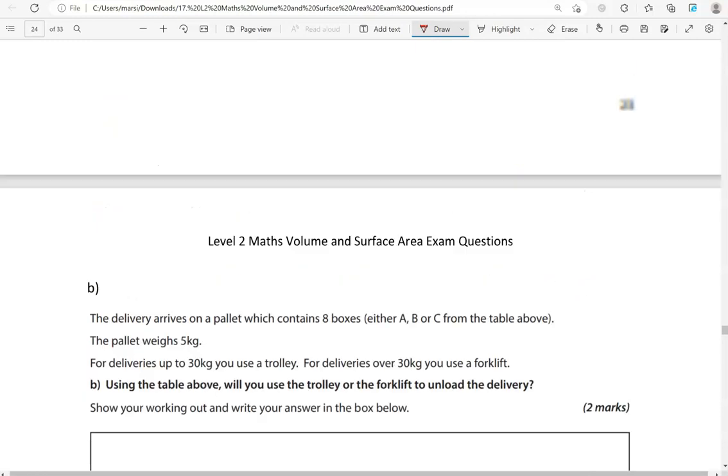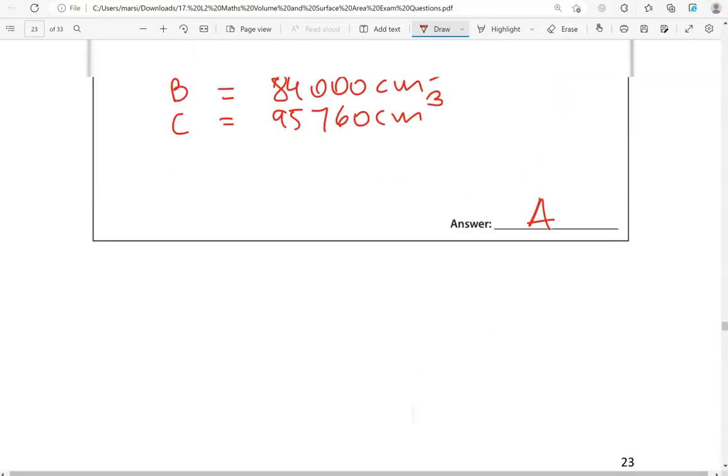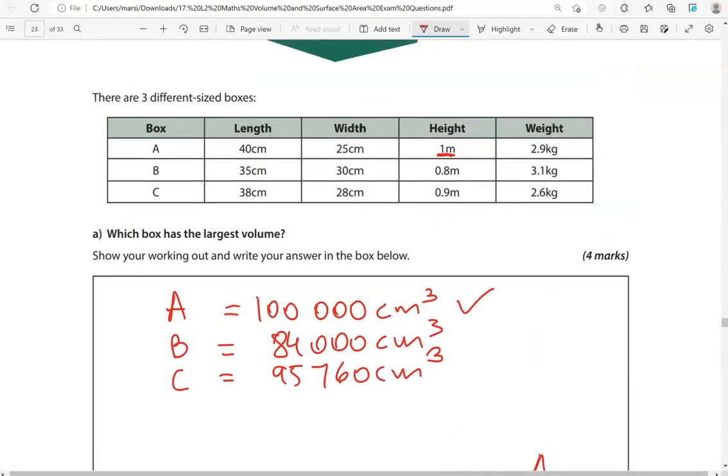So this links to the previous question. We don't know which of the boxes will be delivered, but we know it's going to be 8 of them. And let's just consider the lightest of the boxes, lightest in weight. So we've got 2.6 kilograms here.